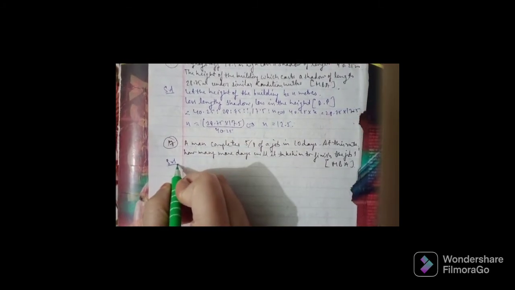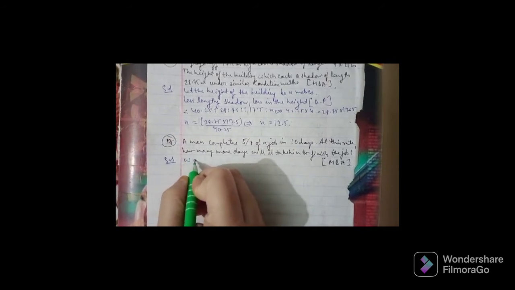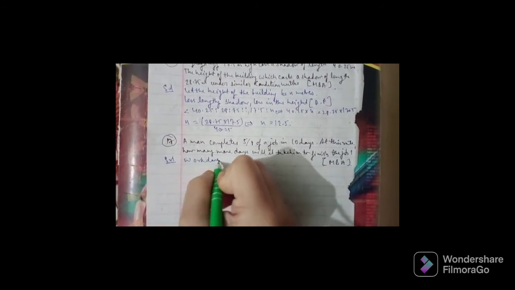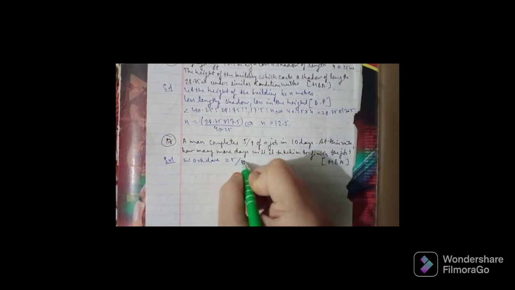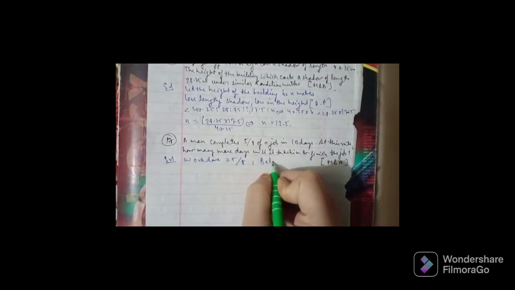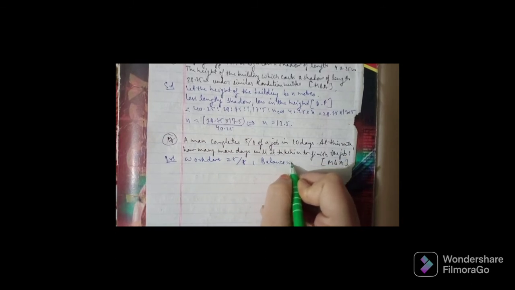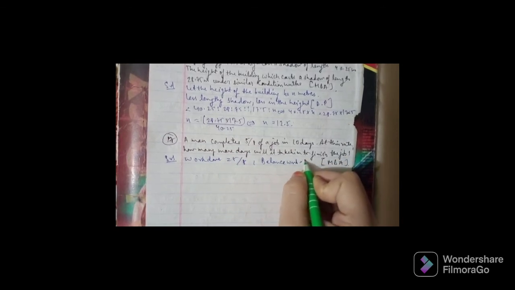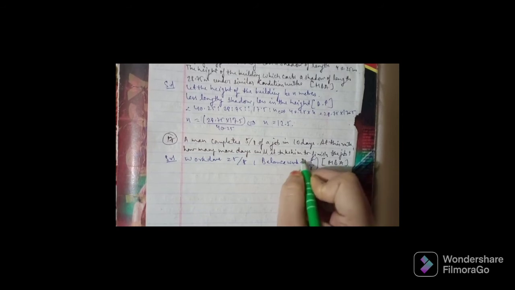So here we go. The work done is 5 by 8, so the balance work is 1 minus 5 by 8, which will give you 3 by 8.